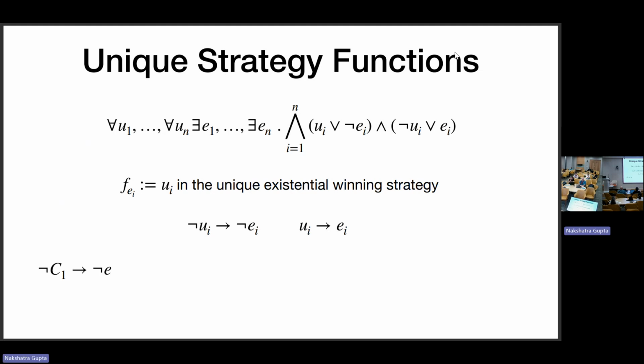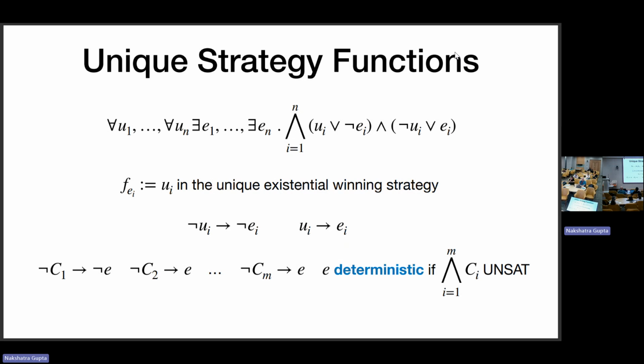But in a more general setting, for some existentially quantified variable E, we may interpret the clauses that it occurs in as implications. If we have a clause C1 or not E, then we can read this as an implication: not C1 implies not E. We can look at all the clauses that E occurs in, and some of these occurrences might be negated.